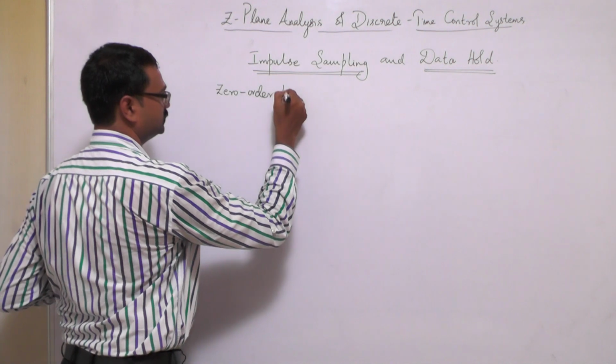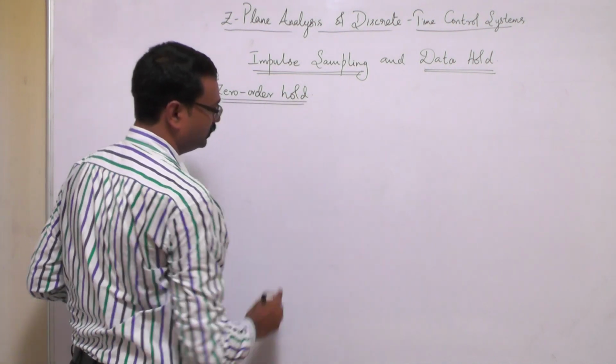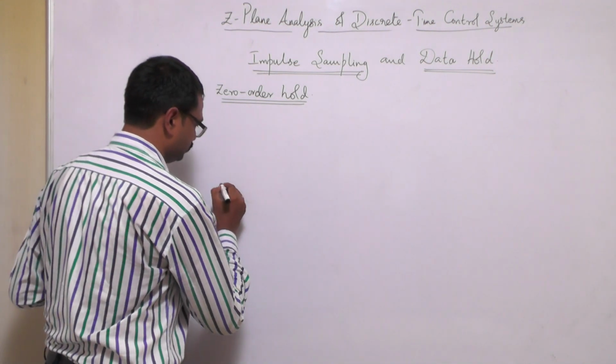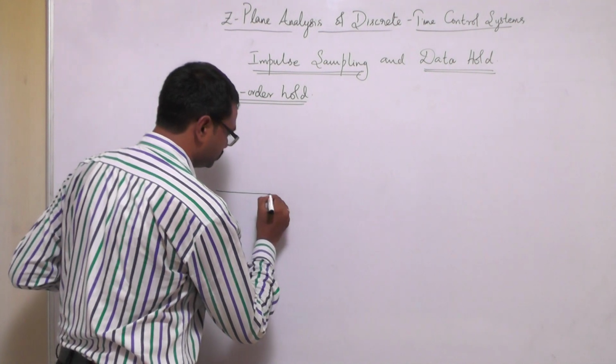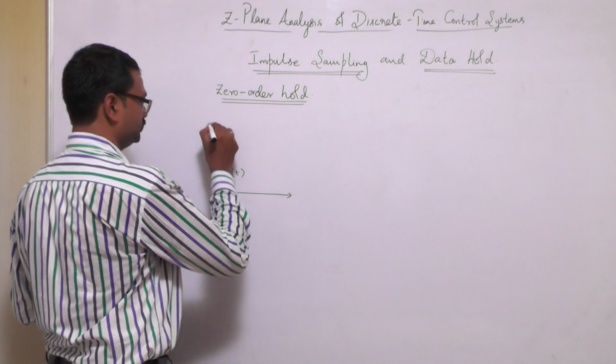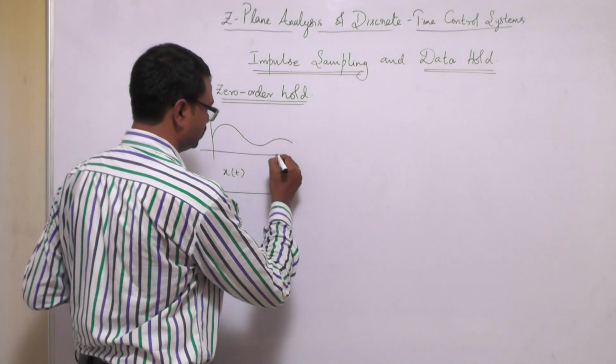Now we are going to discuss a zero order hold circuit. For example, I have this diagram. I have x of t, which is our continuous time signal, for example like this.